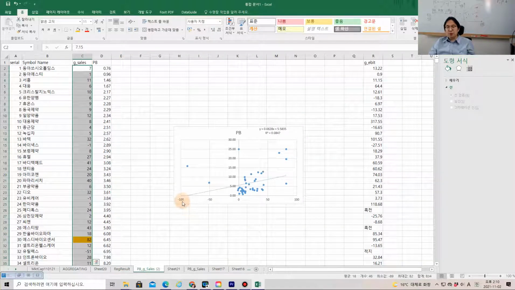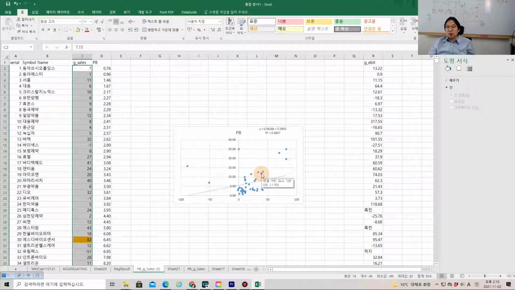You see this regression line, and the residual is the deviation of each observation from its predicted value. So for example, this dot over here, PB 39 and then 11.95. According to this regression result, based on the growth rate of sales, right?